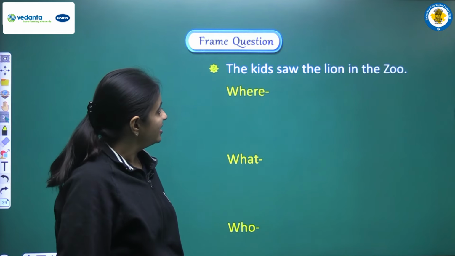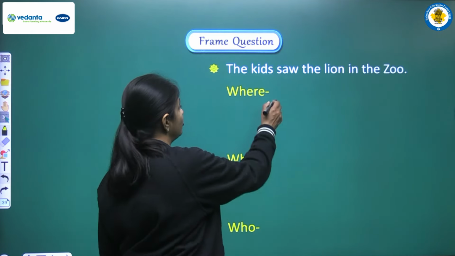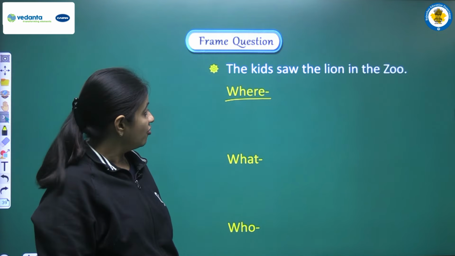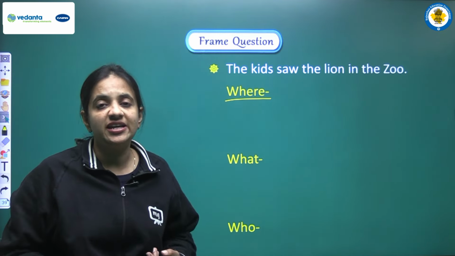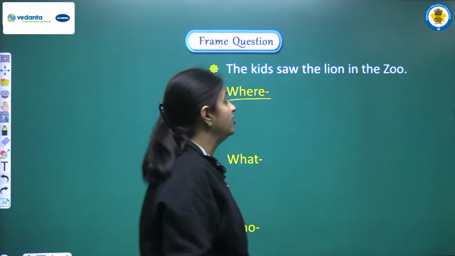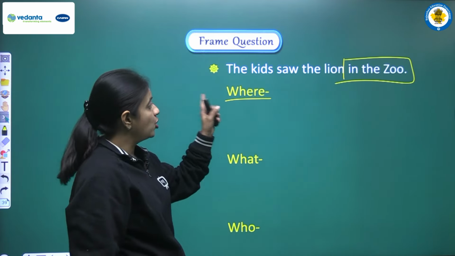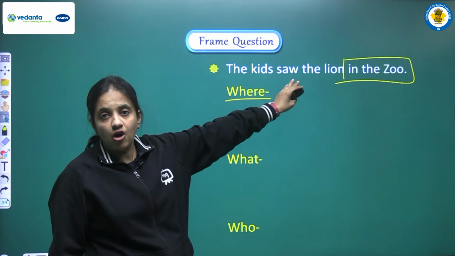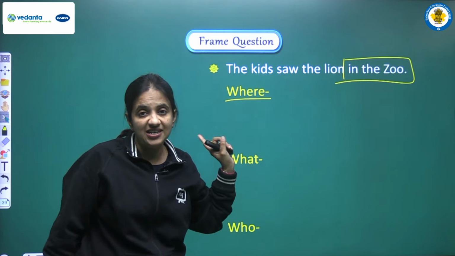Next, the kids saw the lion in the zoo. So here first of all we are having where. So what is the answer of where? The answer of where always will be any place, any space. So here we are having one place, that is in the zoo. So that is the answer of where. And we are having saw, that is the second form of see. So it is again past simple tense.